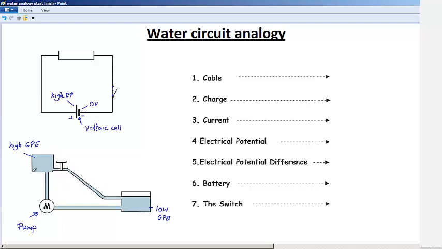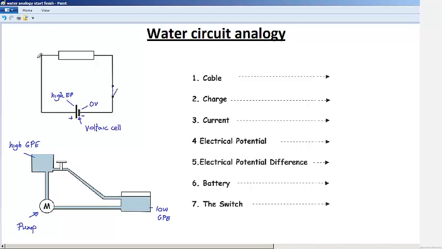We can also talk about the electrical potential difference. So if I increase this electrical potential, for example by adding more voltaic cells one after another, or rather than using an AA battery I go for a 9-volt battery, then I will increase the flow of charge around the circuit.